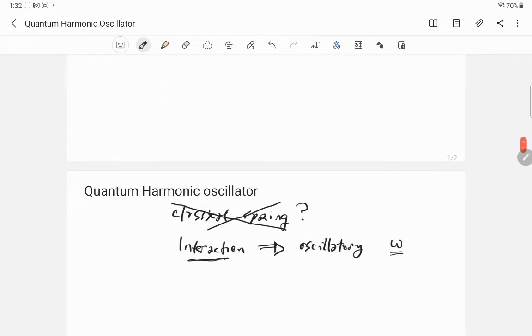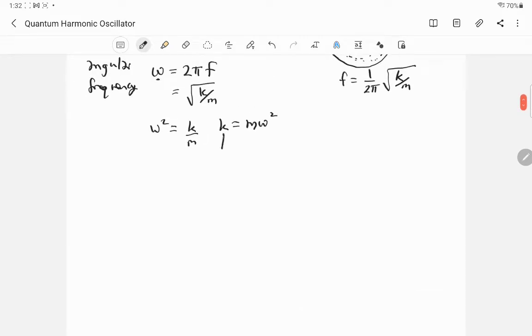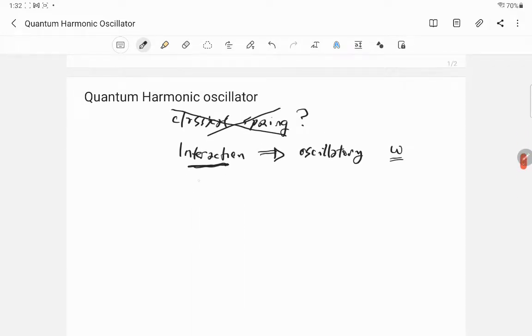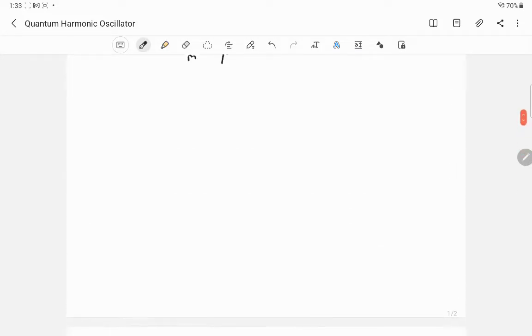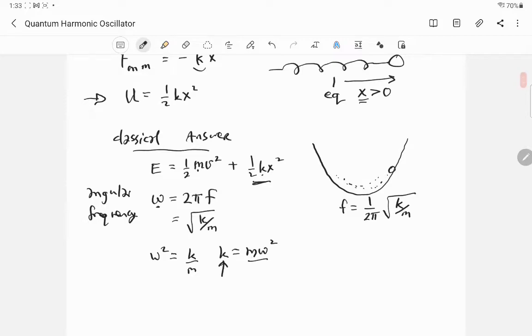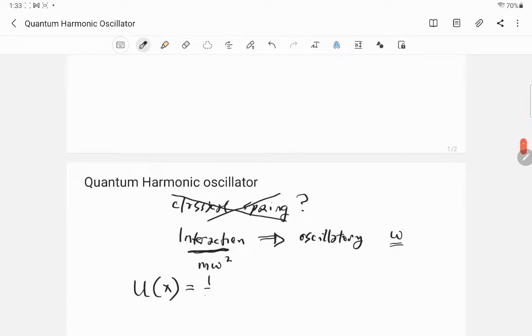And so instead of a classical spring, we're going to imagine that there's an interaction that is somehow described by this thing right here, which is m omega squared. So we'll say that there is an appropriate potential energy for our super small, tiny nanoscopic, quantum mechanical situation. And instead of writing the potential energy as 1/2 kx squared, we're going to replace k with m omega squared. So it'll be 1/2.